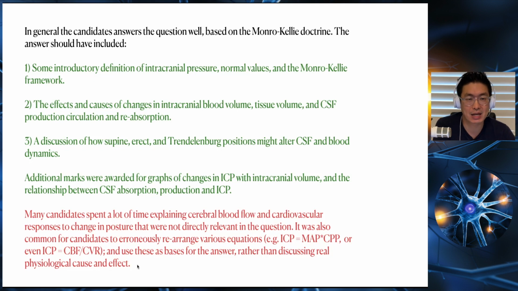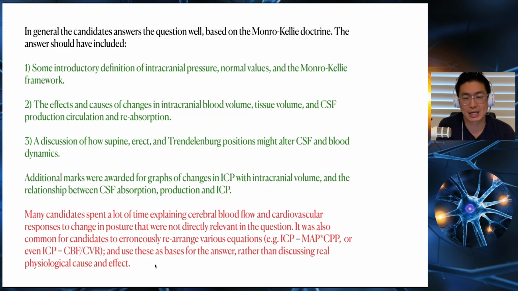And these are the concepts that we should try to avoid, or there were mistakes in the explanation of. Many candidates spent a lot of time explaining cerebral blood flow and cardiovascular responses to changes in posture that were not directly relevant to the question. It was also common for candidates to erroneously rearrange various equations. These are the ones that trainees have put into their answer, which they've rearranged incorrectly.